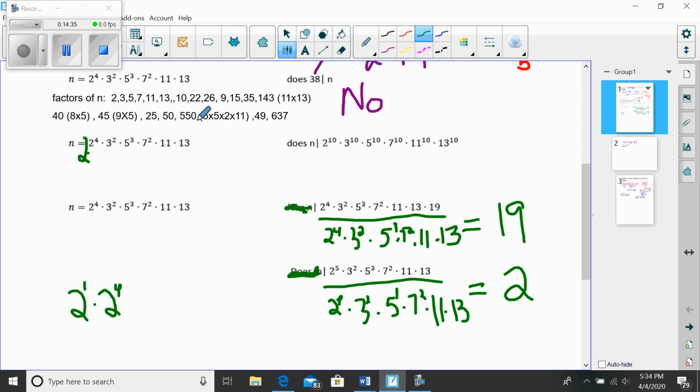Or another possibility for finding a multiple is I can just take all of the prime factors in n, all of these bases, and I can just raise the exponents to something higher. I hope you remember this rule from high school or middle school.